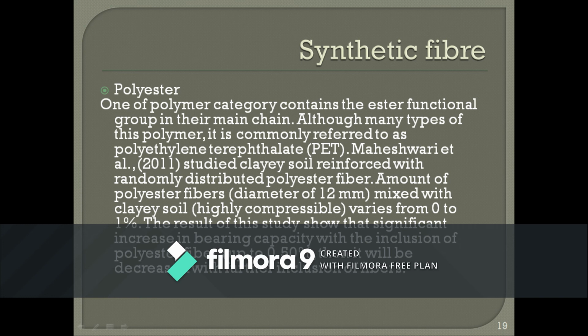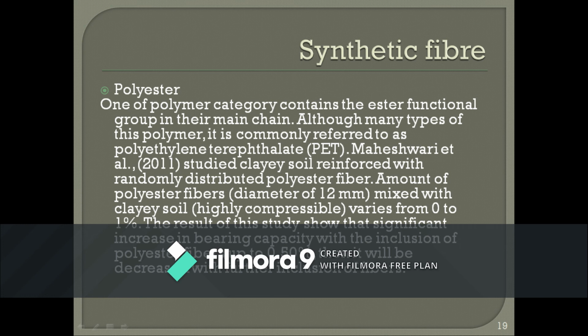So here he gives that one of the polymer category containing the ester functional group in its main chain is polyester. Although there are many types of this polymer, it is commonly referred to as polyethylene terephthalate, PET.